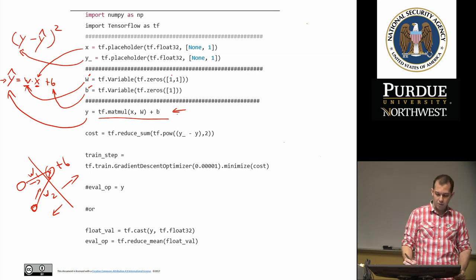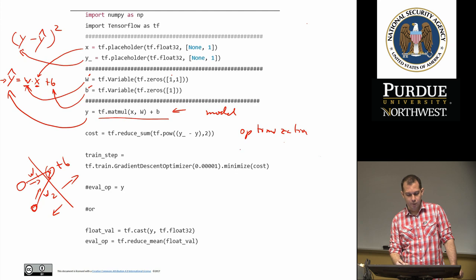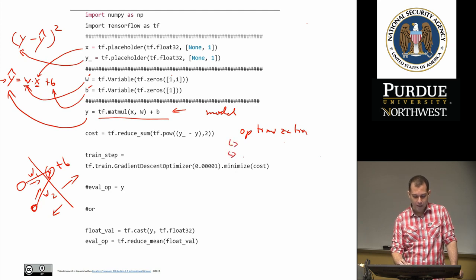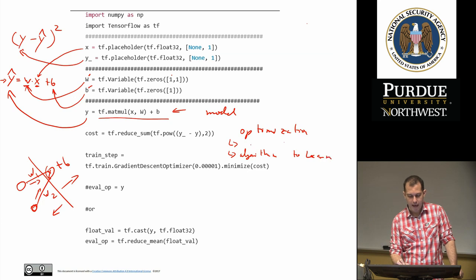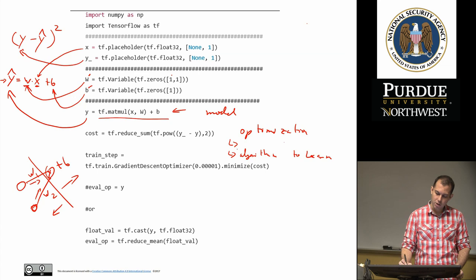Once we've defined the model, which is the modeling equation, we need to define, if you remember, the optimization approach. In particular, we need to define the algorithm to train, the algorithm to learn, let's say, and also the cost function.